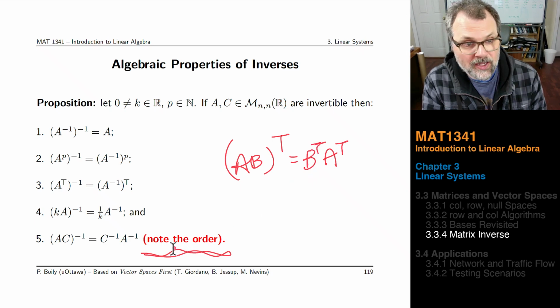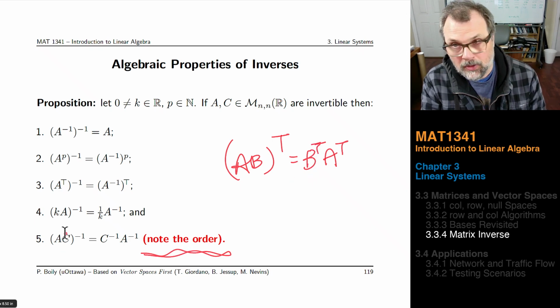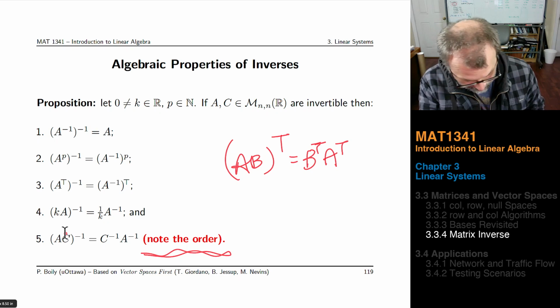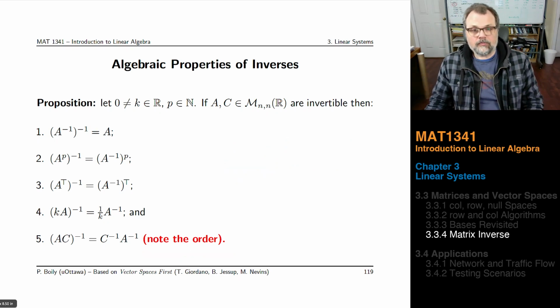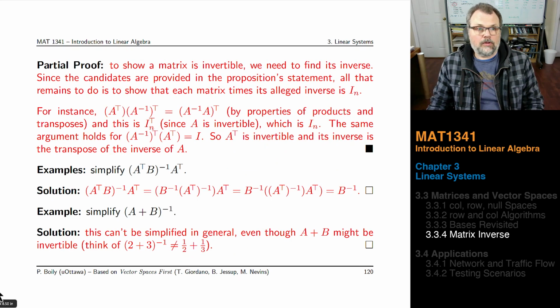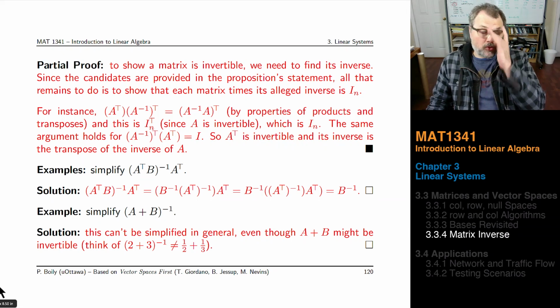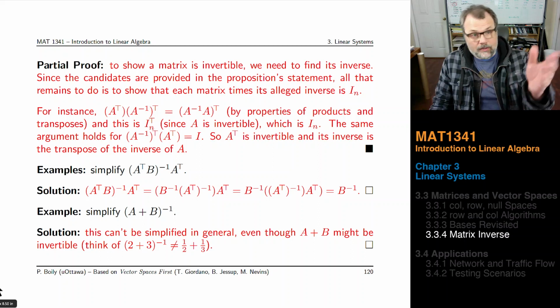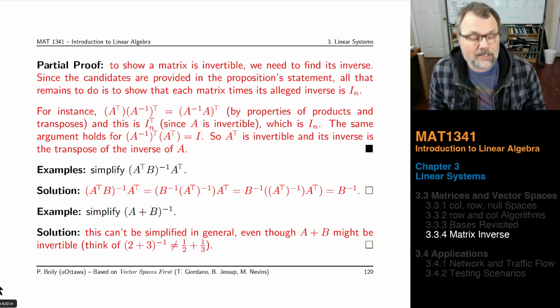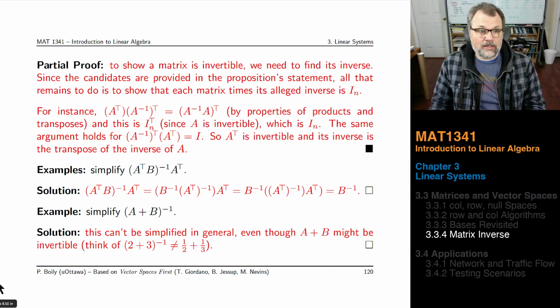Same sort of rule applies for the inverse of a matrix. I'm not going to prove this. There's a partial proof here. The rest of it is left as an exercise.